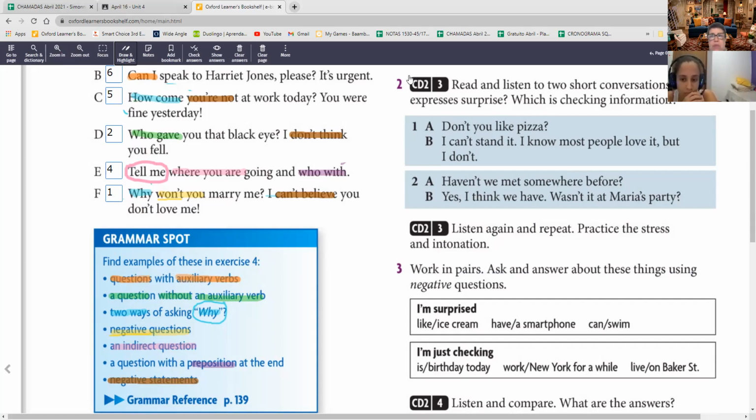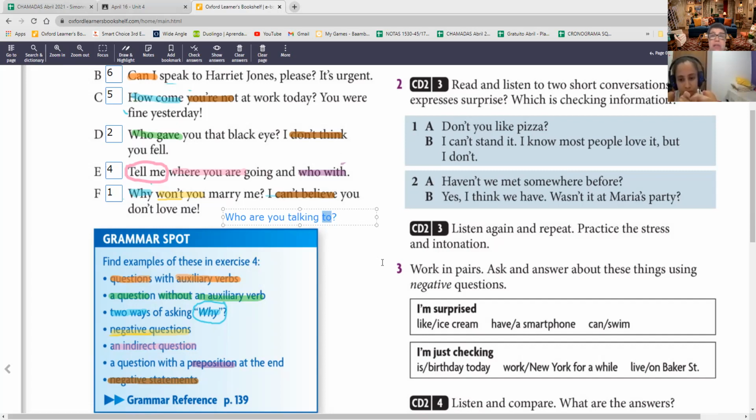For example, let me talk about a verb that is super common, the verb to talk. If I ask, for example, who are you talking to? I need to use a preposition at the end of the question, because I want to know the name of the person you're talking to.